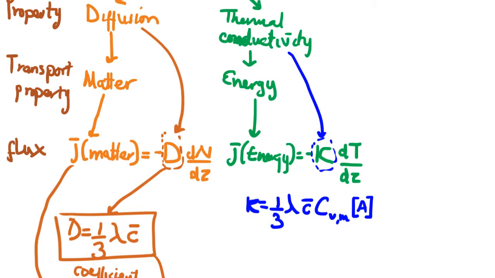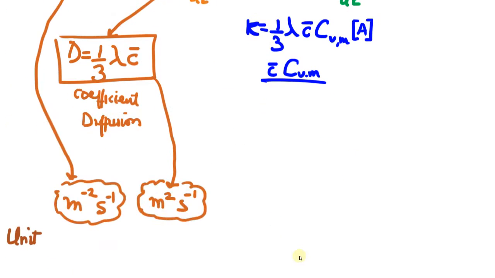Or you can use c, which is our mean speed multiplied by the specific heat capacity at constant volume, all divided by 3 multiplied by the square root of 2, and this is multiplied by our cross-sectional area and the number of particles of focus.